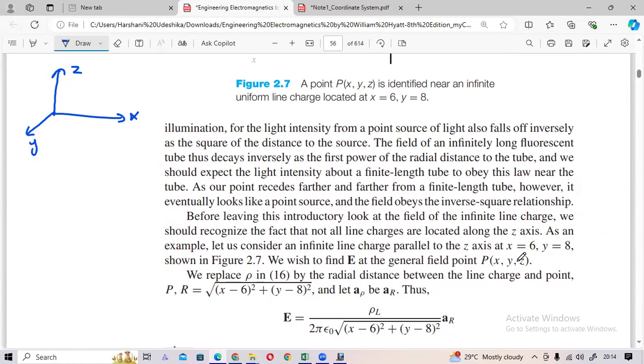The line charge is parallel to this z axis, so it should be maybe like this. The x and y coordinates are given, that is 6 and 8. X is 6, sorry, this is y and this is x.